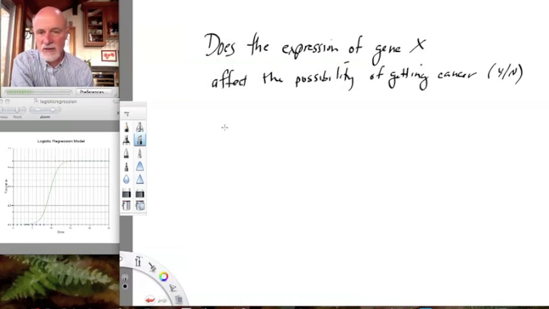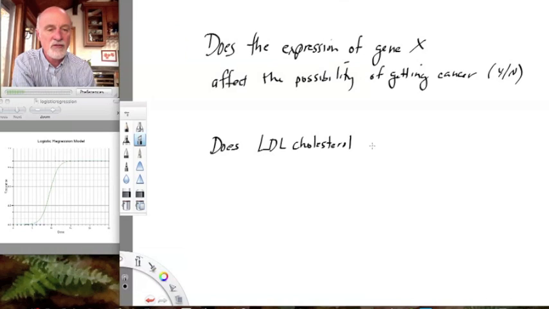There are lots of cancer kinds of examples like that we could use. We could turn to another medical one. Does LDL cholesterol, I just had my cholesterol checked, so I'll bring this one up, affect the chance of an individual dying within 10 years?